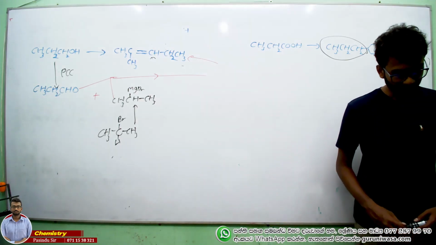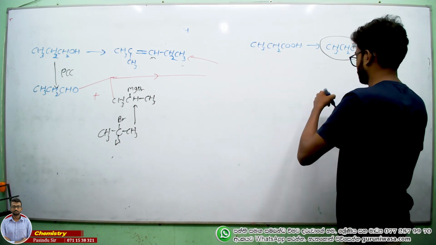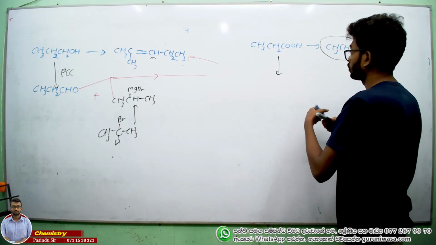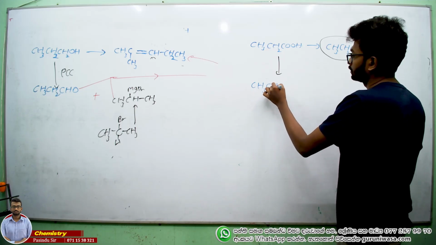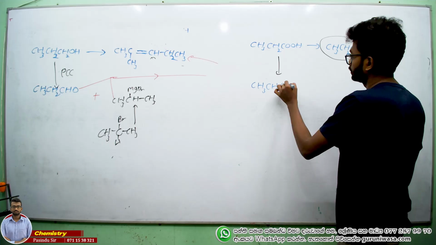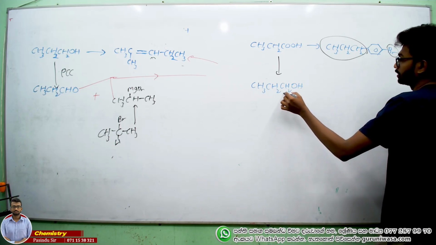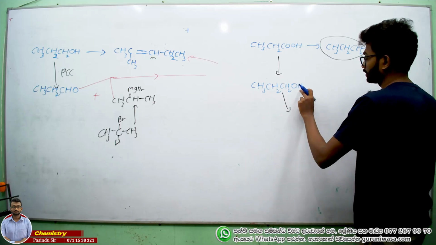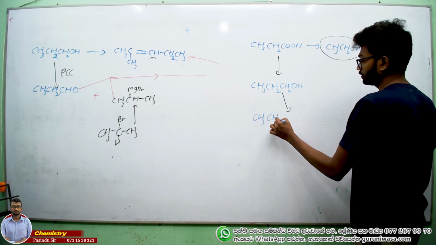Right. So then what will we do? Convert this into OH. Then make CH3CH2.